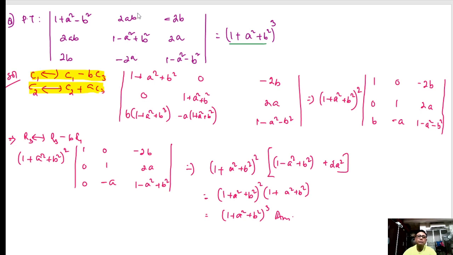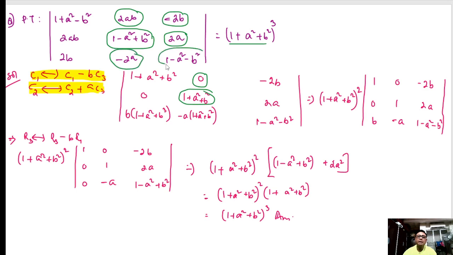C2 plus A times of C3 will give me 0. Similarly, C2 plus A times of this will give me this. Now please watch one thing.